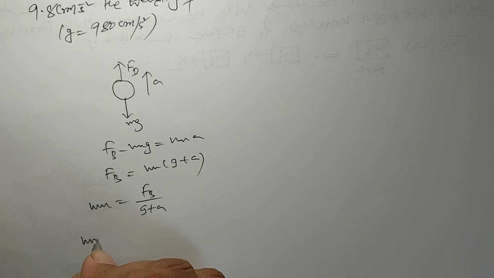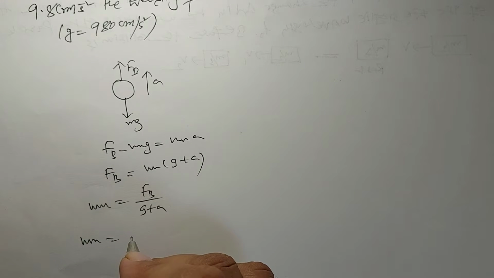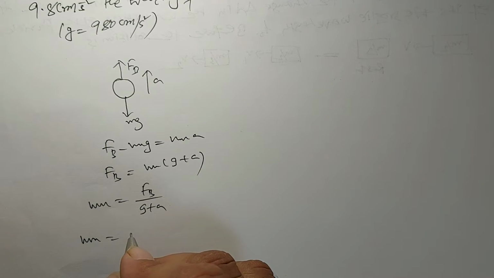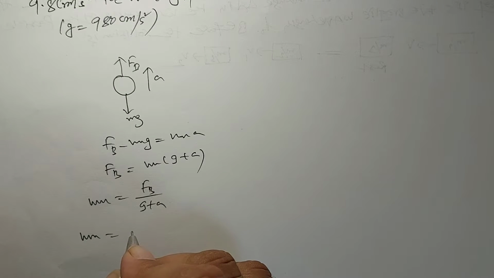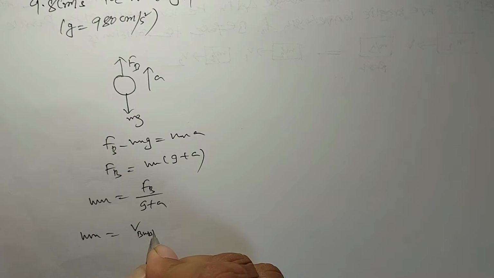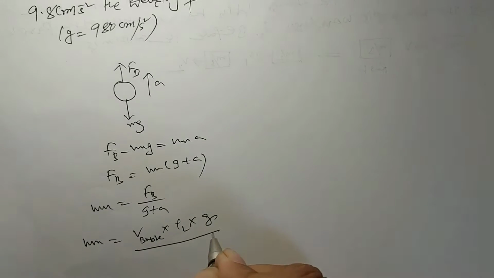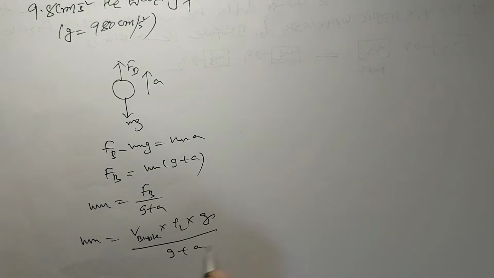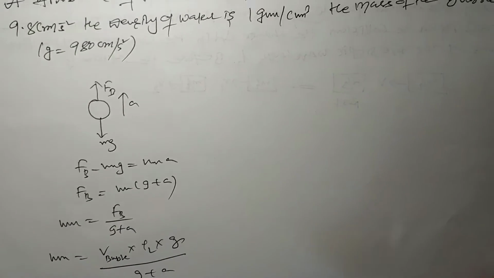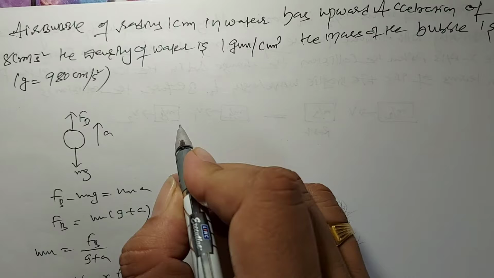What is the buoyancy force here? It is V, the volume of the bubble, into the density of the liquid rho_L into g. So m is V rho_L g by (g plus a).